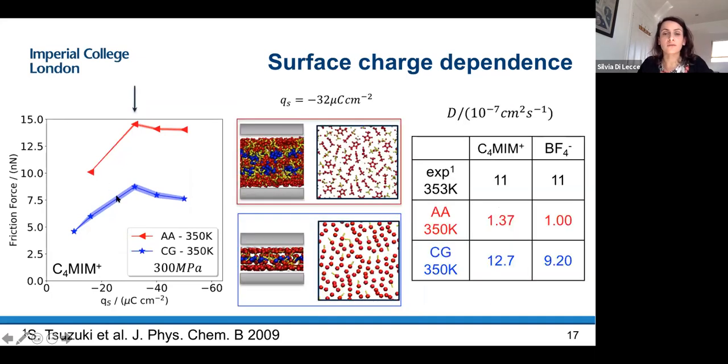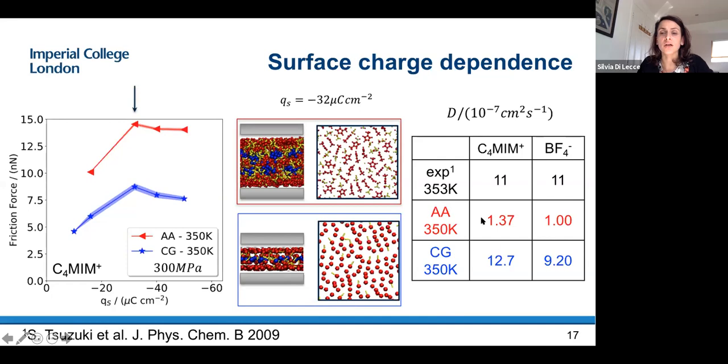This can be connected to several factors. Well, the structure is different. The number of ionic layers is different, but also the transport properties of the two models are different.